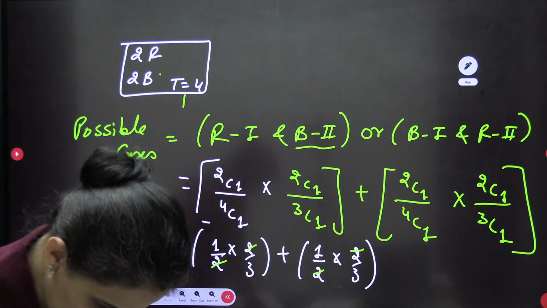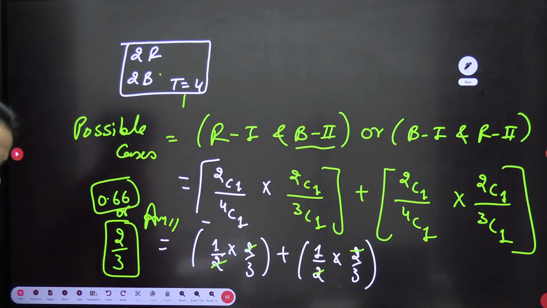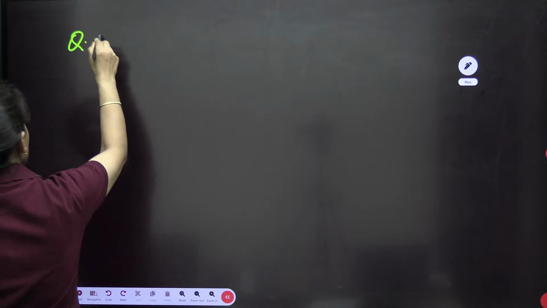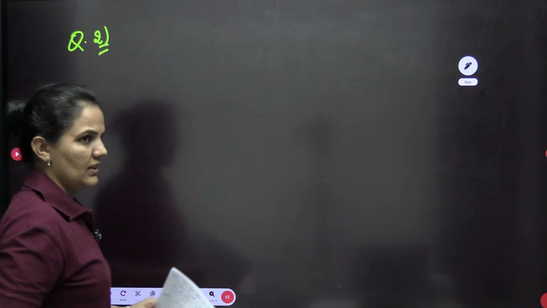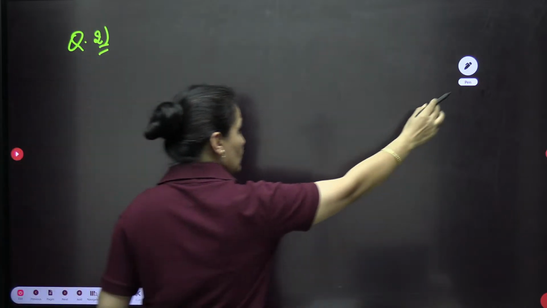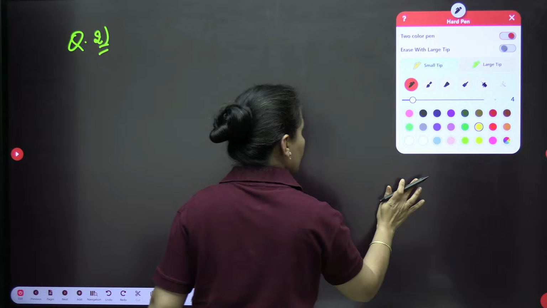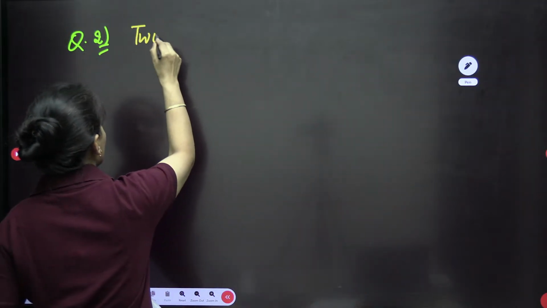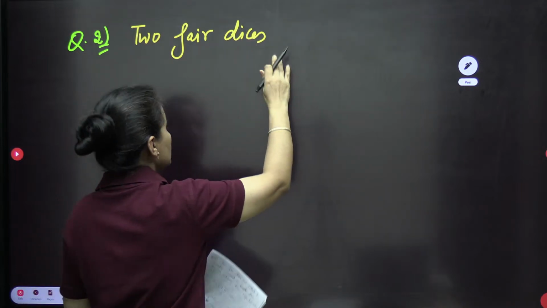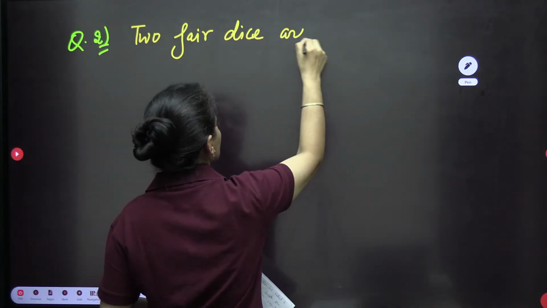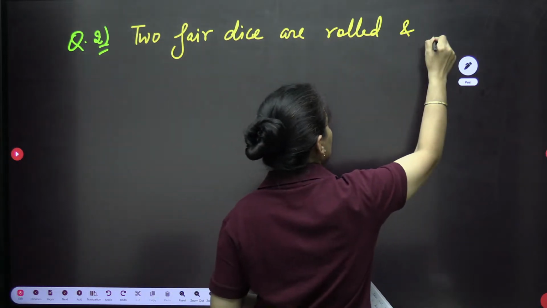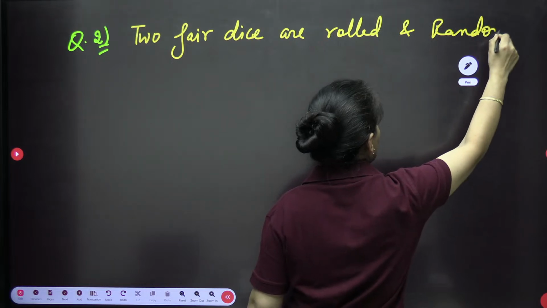So this is the first question. Let's go with the second question. The second question is again from probability, and that is an interesting question. If you guys attended my session, then using the trick we can solve that question. What the question is saying: two fair dice are rolled, and random variable x is denoted by x.